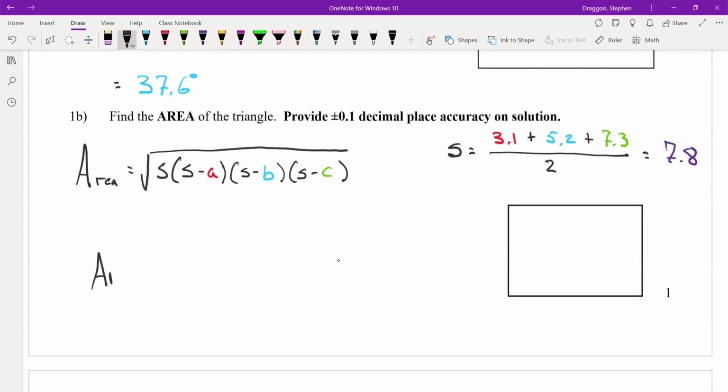So area is the square root of 7.8 times 7.8 minus 3.1, which is 4.7, times 7.8 minus 5.2, which is 2.6. And then finally 7.8 minus 7.3 is 0.5.